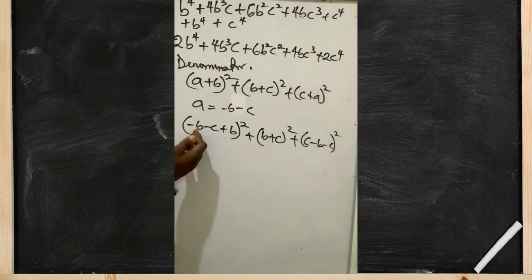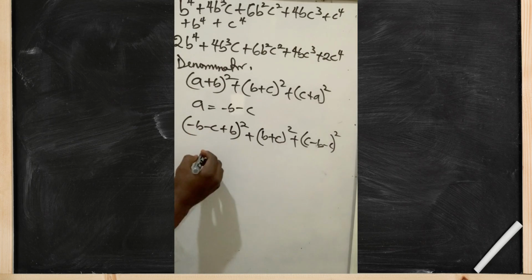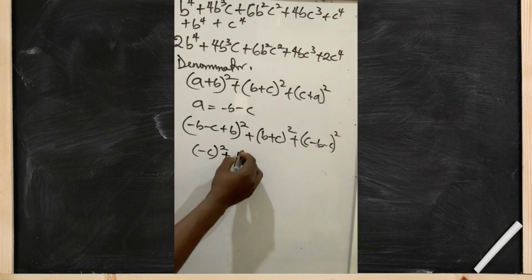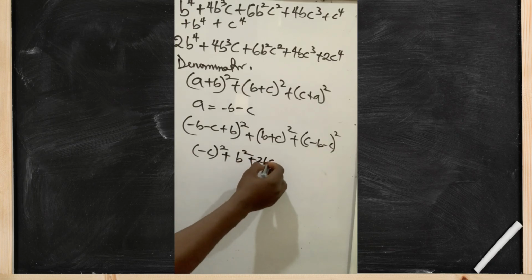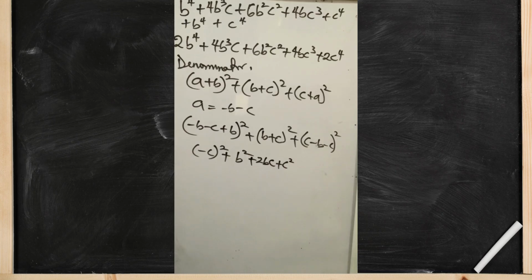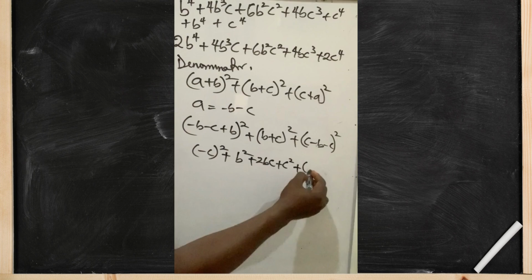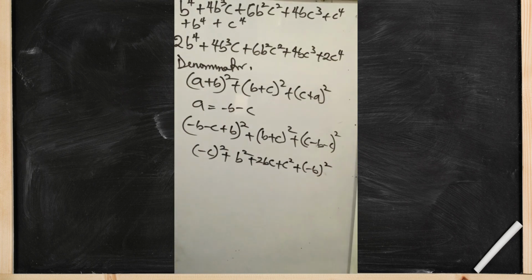So this will give us minus (b plus c). Minus b plus b will give us 0. So we're having minus c squared. Plus, if you simplify this out, we're going to have b squared plus 2bc plus c squared. C minus c will give you 0. So you're also having it as minus b squared.